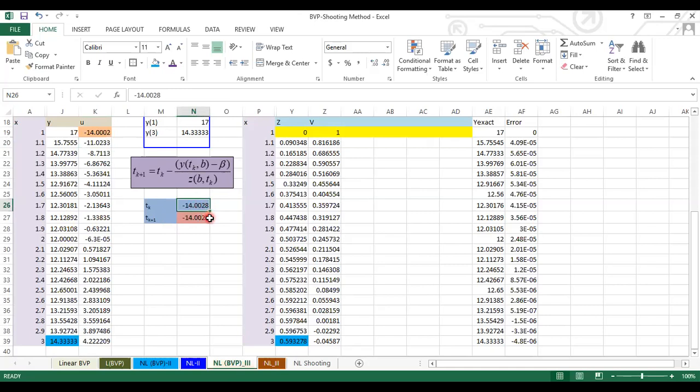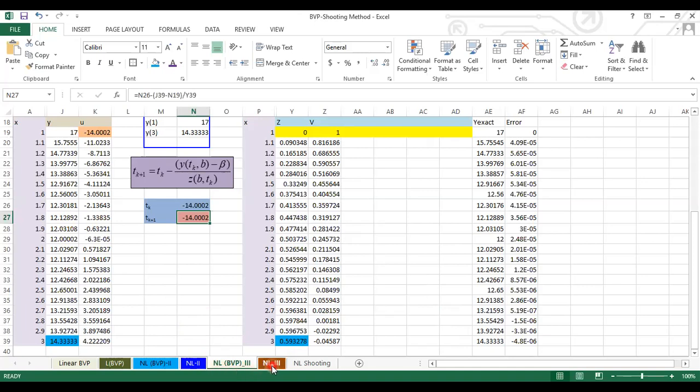If I write here minus 14.0002, yes, the old slope value and the new slope value suggested are the same. It means no further improvement is possible. And if we look at the errors, we have approached up to 10 raised to the power minus 5, which is practically the same as the exact solution.